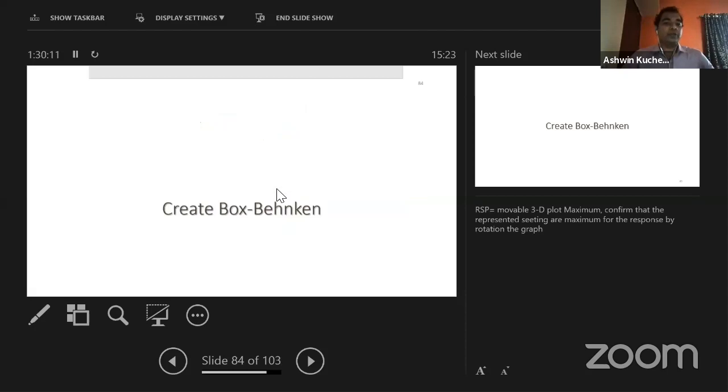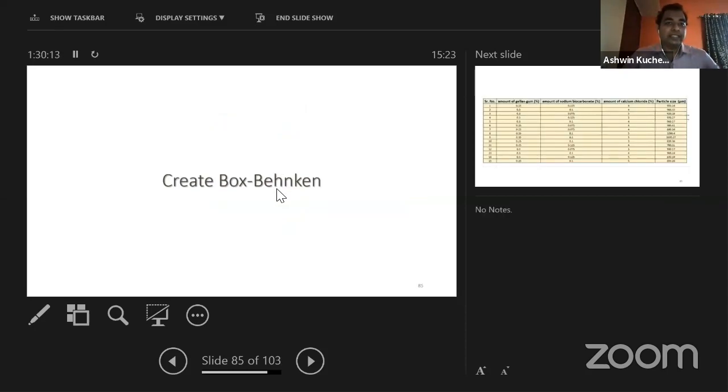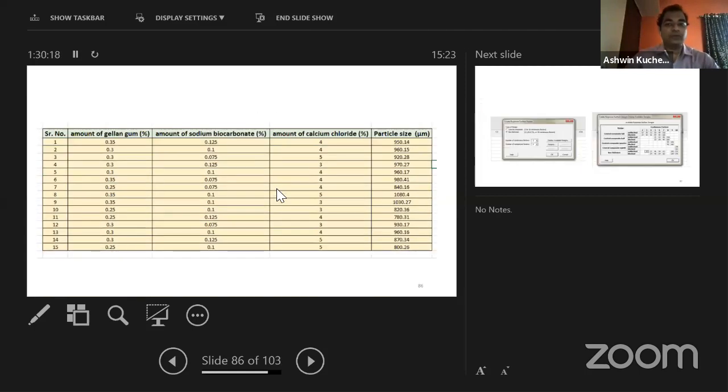So this was about the central composite design, and the last part is creation of a Box-Behnken design. This part is similar to what we did for central composite design, and here this was the experiment which we had done.